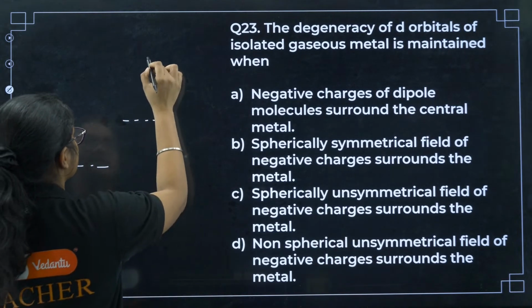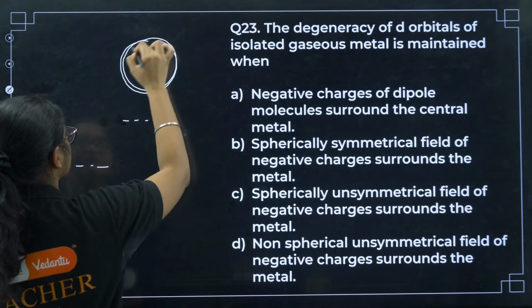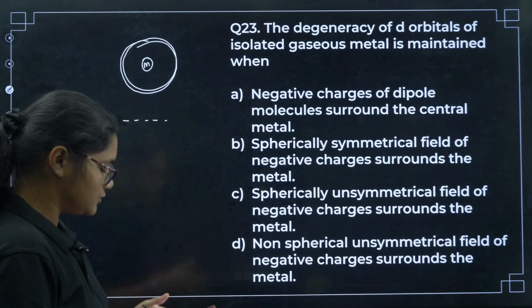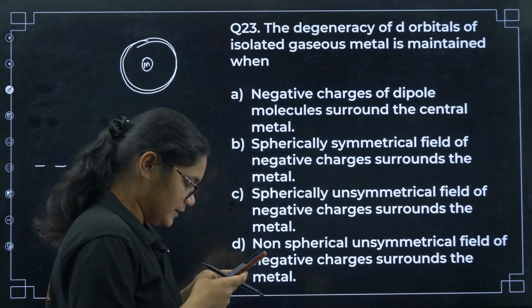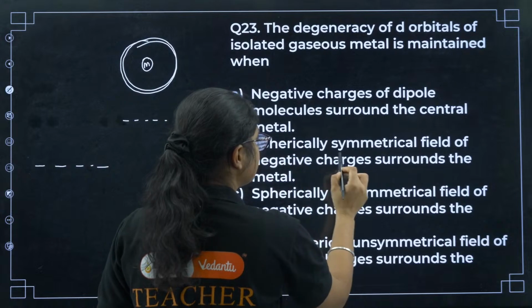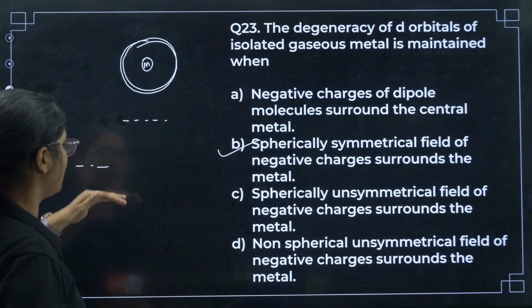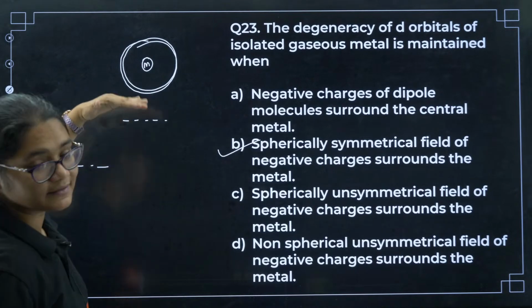So if you have seen the diagram properly, here we have written like this, one diagram will be like this. Okay, so what will be the answer here? Yes, 23B Bharat Shetty is correct. Spherically symmetrical field of negative charges surrounds the metal. So at that time the energy increases, but increases at the same level.